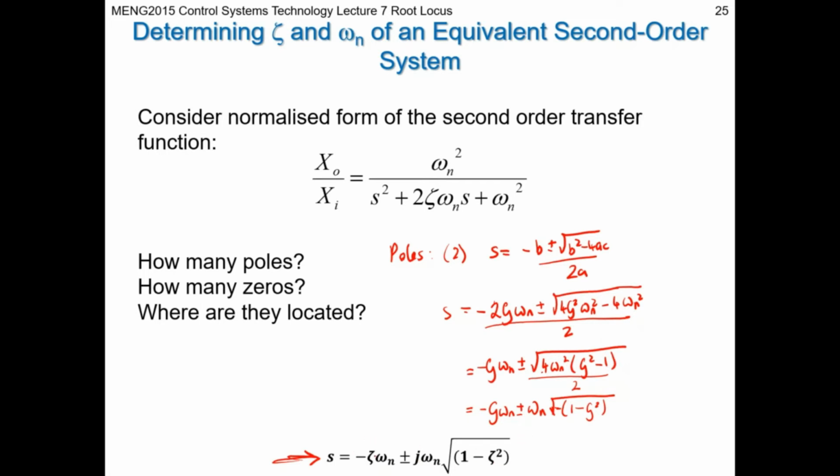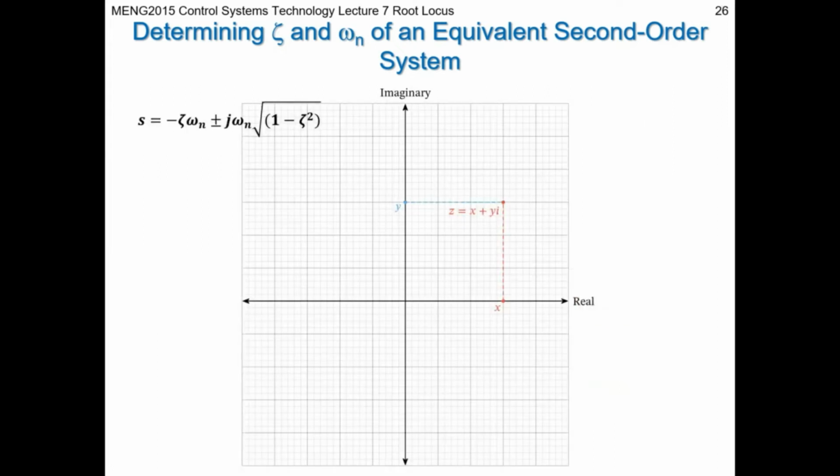What's that telling us? If I go on to the next slide, this is the function. We've got a real part here and an imaginary part here. So we can plot these roots on the root locus. Remember that for the Argand diagram, we always plot x plus yi. In this case, x is minus zeta omega n, and y is plus or minus omega n root 1 minus zeta squared, because we've got 2 roots.